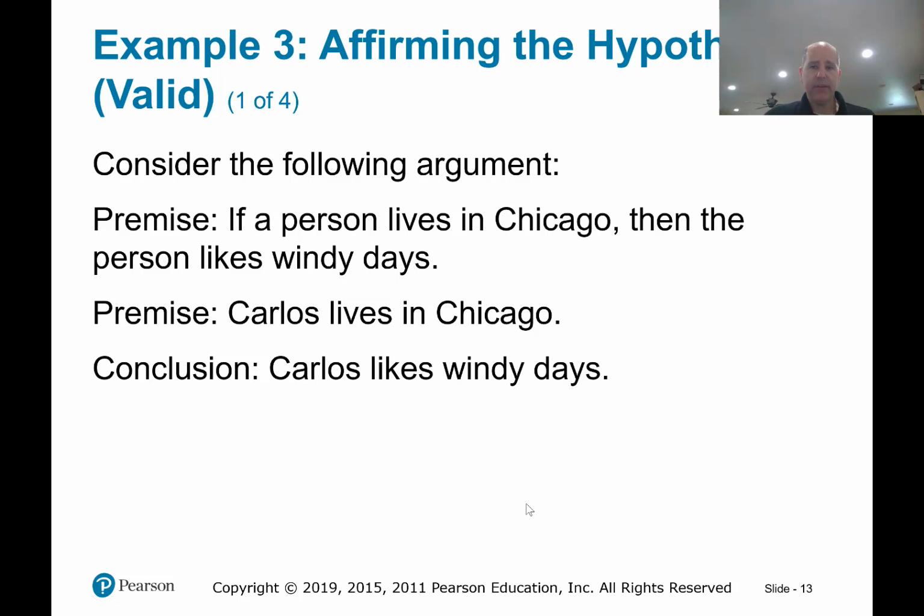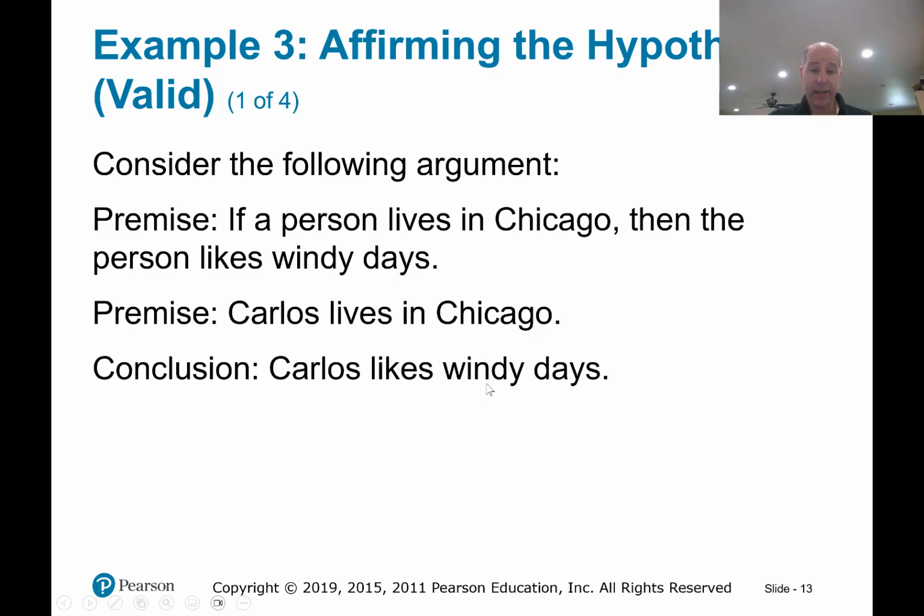Affirming the hypothesis, we know this is a valid structure, but let's take a look at this. So the premise says, if a person lives in Chicago, then the person likes windy cities. Okay, so that's premise number one. Premise number two is Carlos, a specific person, lives in Chicago. So the conclusion says Carlos likes windy cities.